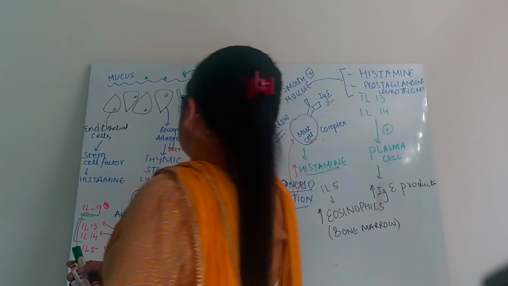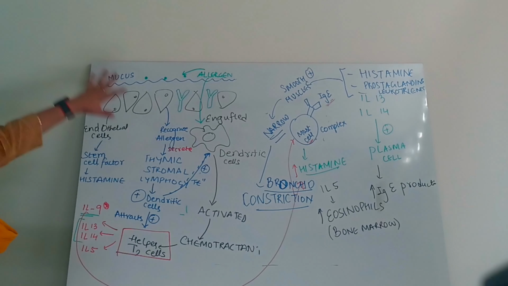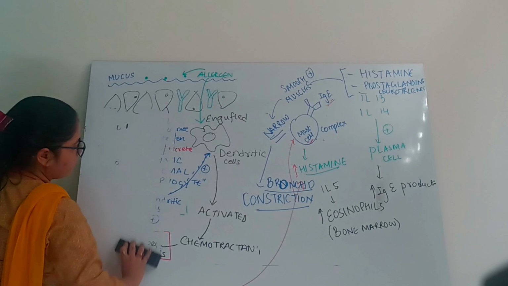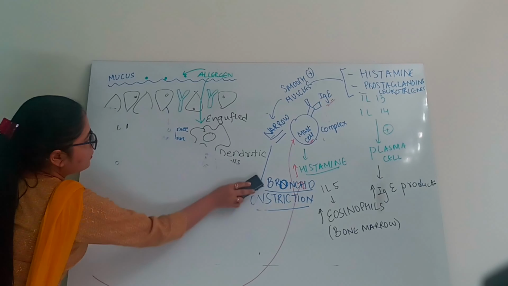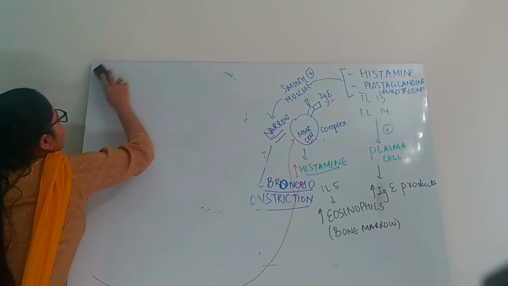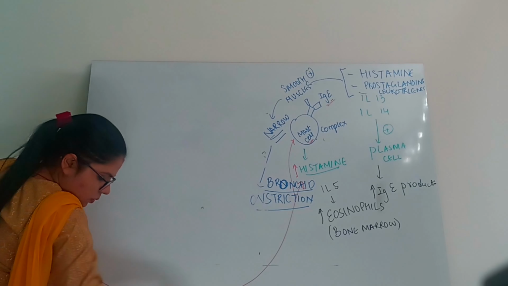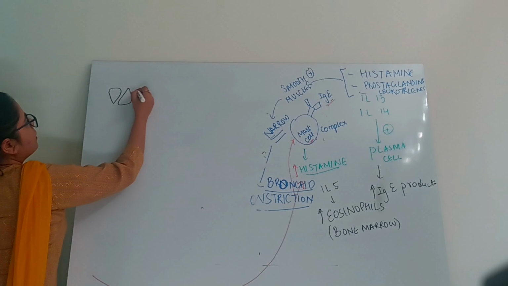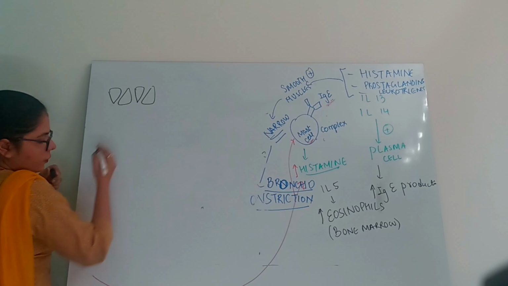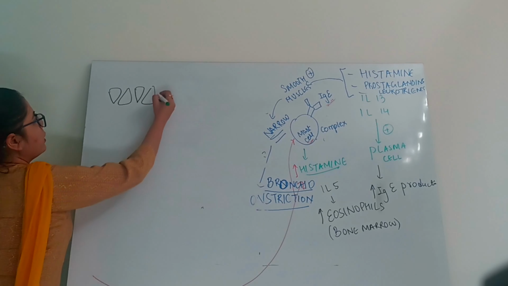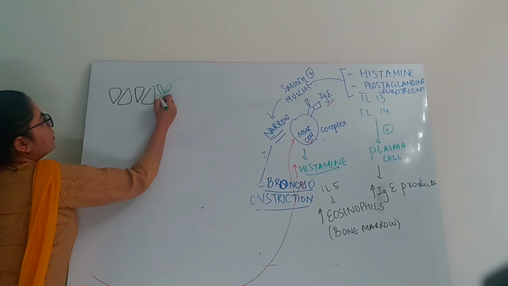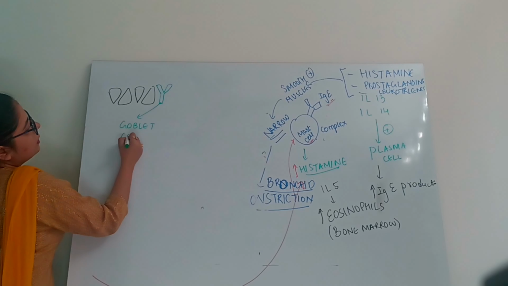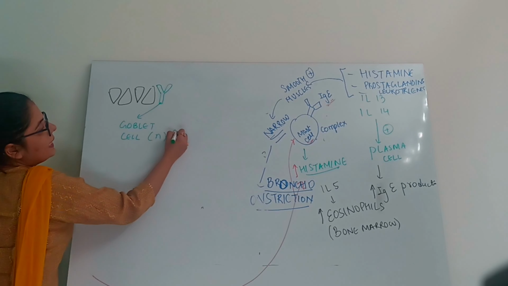So I am just creating a gist of whatever you have learned today. One, in case of asthma, what was triggering? The goblet cell number was increasing.